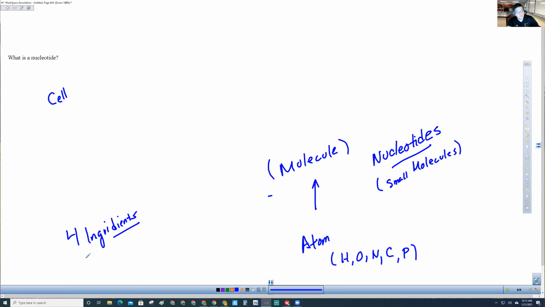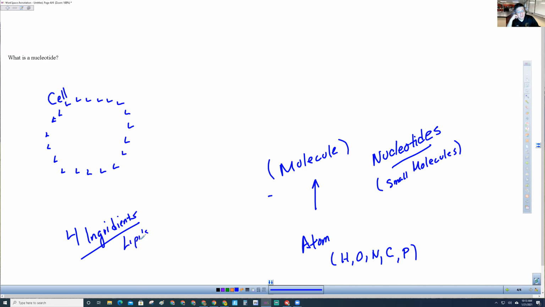What's the outside made out of? Lipids. Very good. That's why I had a bunch of L's last time. There are these molecules called lipids that make up the outside of the cell, and also the organelles. That's what the cell's built out of. So lipids is one.